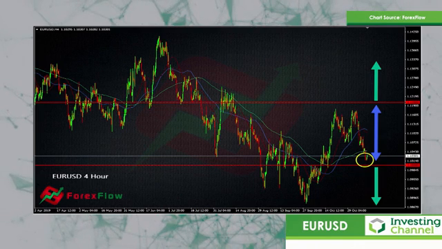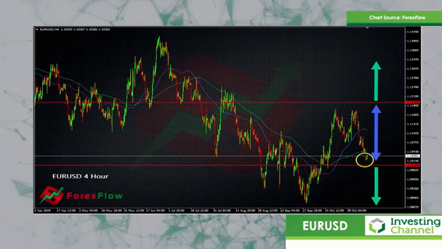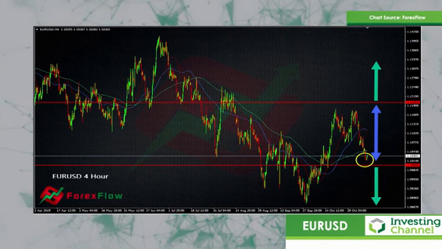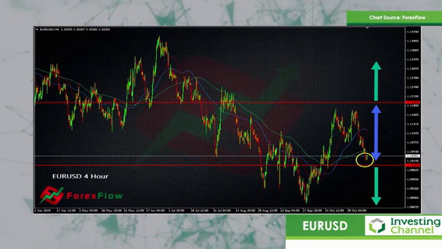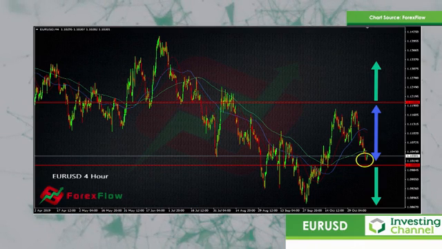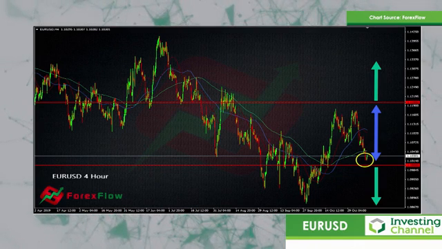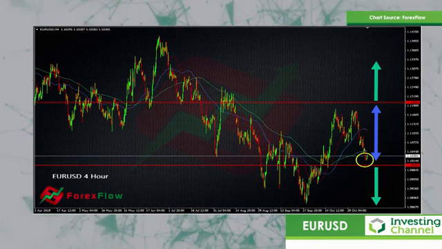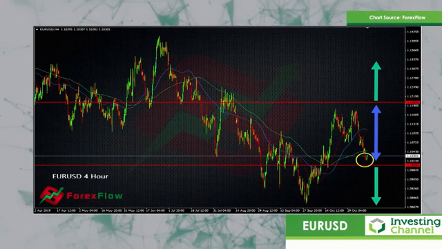Now, what you don't want to see is the price break, come down a bit, reverse back up, get stopped out, and then find you're just umming and ahhing around this 110 area. If that happens, then the way to play is just to sit back, let the price decide what it wants to do. Perhaps it will find support at 110 again. Perhaps it will sit under and find resistance at 110.